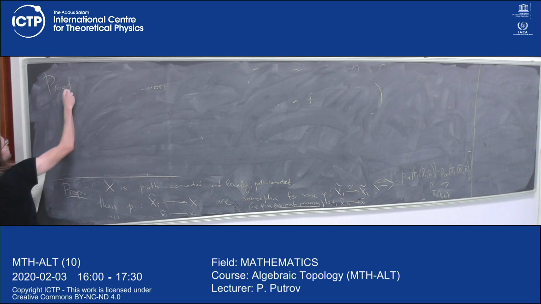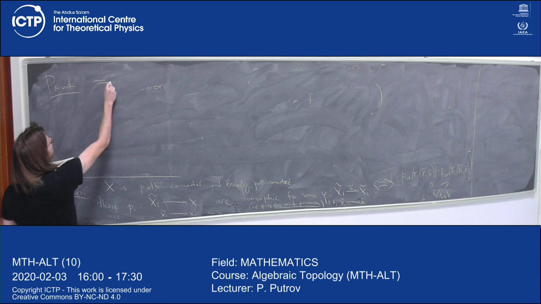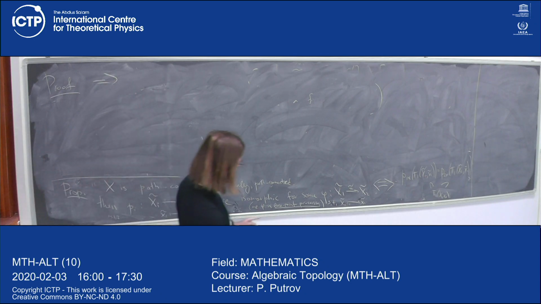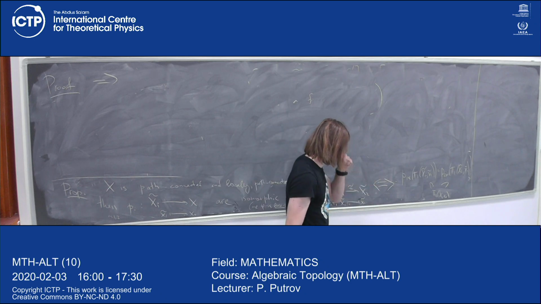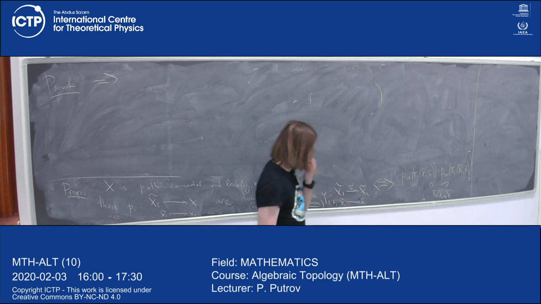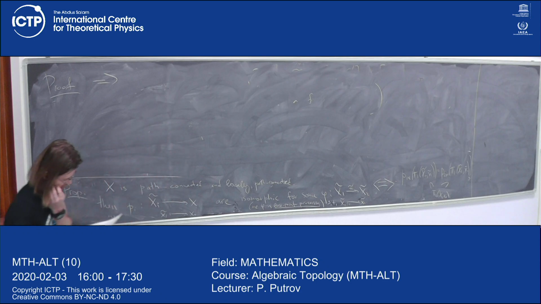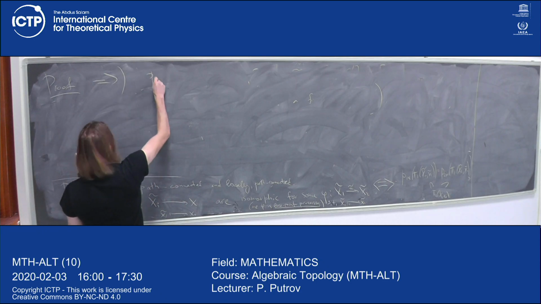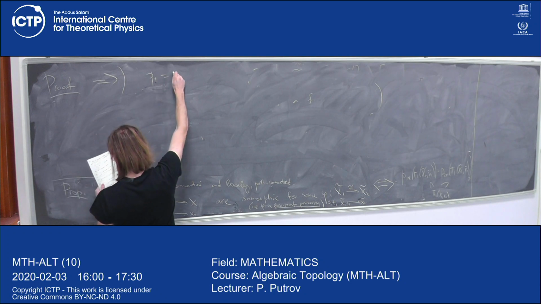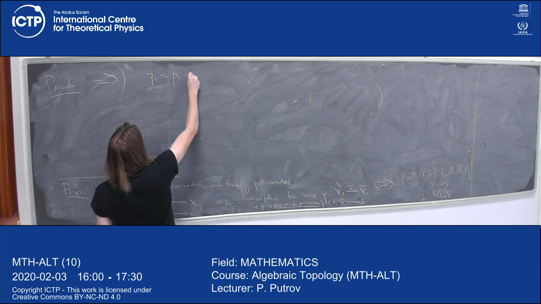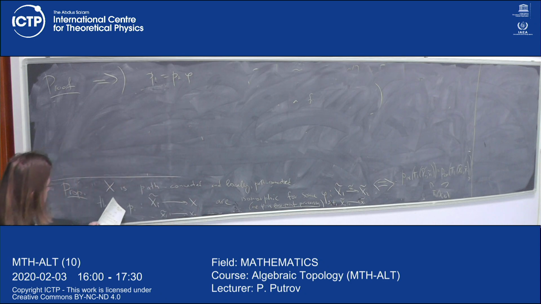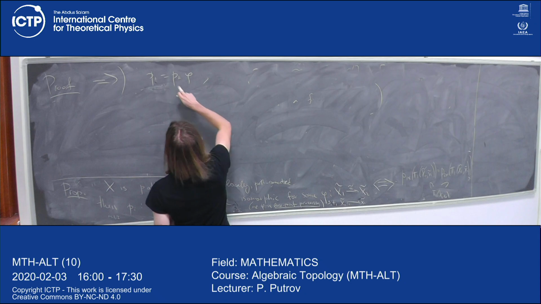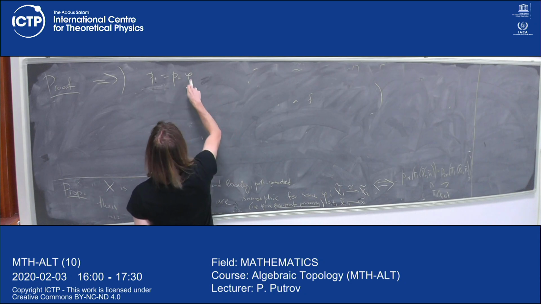How do we show this? First, suppose the covers are isomorphic; then the corresponding subgroups are the same. By definition of the isomorphism, we have the relation p1 equals p2 times phi.